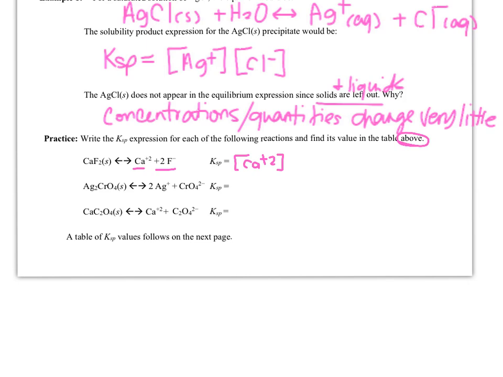Ions only exist in solutions, so therefore they have concentrations. And it would be F minus, and because that is a coefficient of 2, that's to the power of 2. All right, I want you to go back through and do these other ones, okay? So take a second, write the KSP expressions for those. They should be very easy. Make sure you include your ion charges on each one.